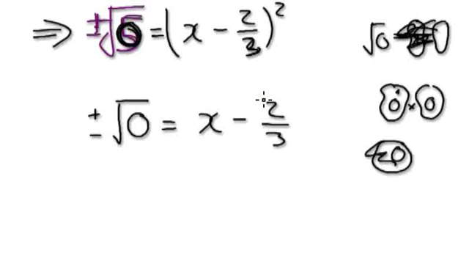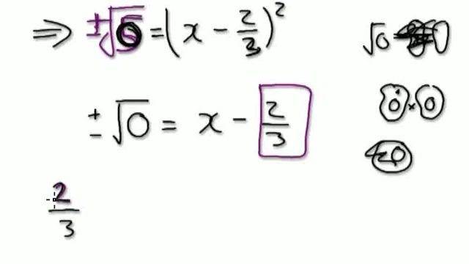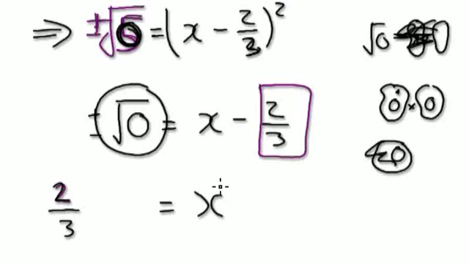You would add this block to both sides, so this would be 2 over 3, plus or minus 0. What's the point of plussing or minusing 0? So here you can see there's only one solution, which is 2 over 3. There's only one solution because the square root here is 0.